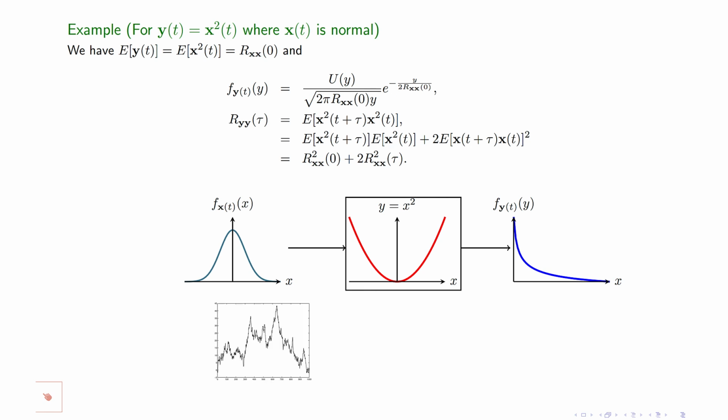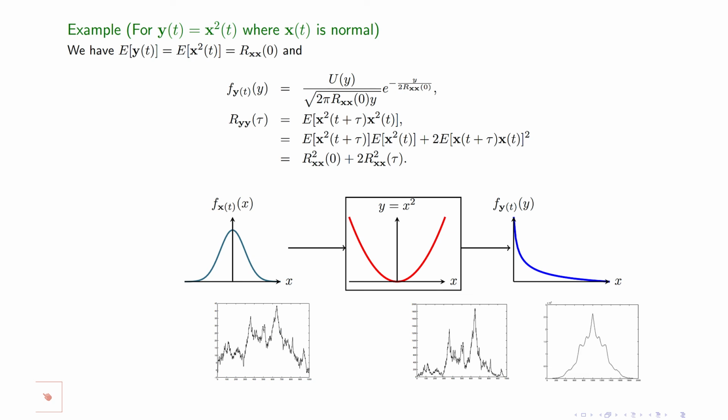And if you give a random process like that to this system, the square of this one is going to be this signal, and then you can see that the autocorrelation function becomes something like that. So the autocorrelation function of the output is a constant plus the autocorrelation of the input to the power of 2, of course with a factor of 2.